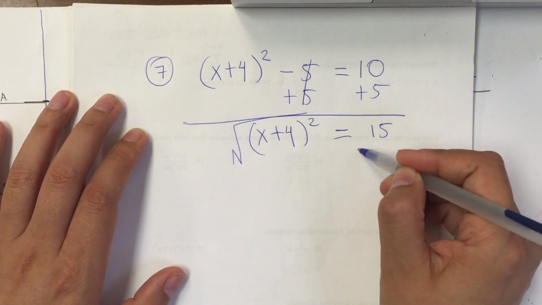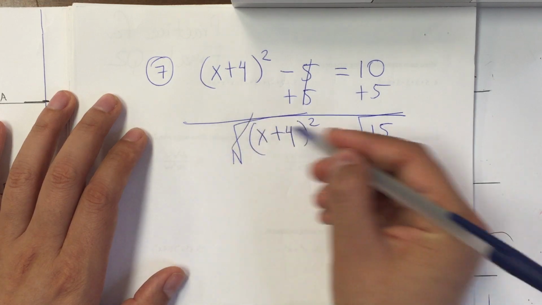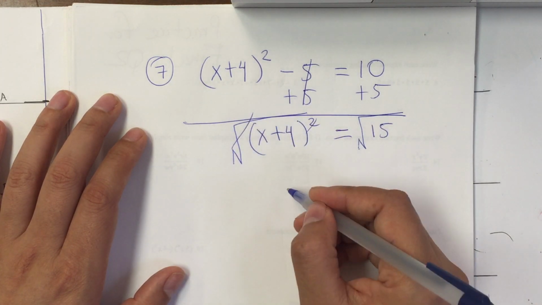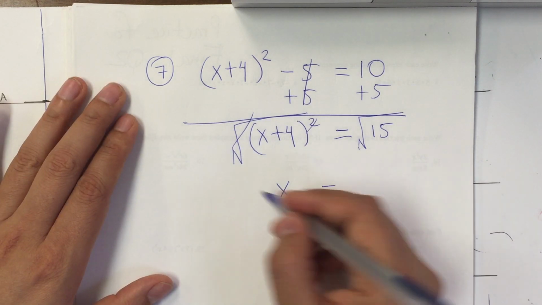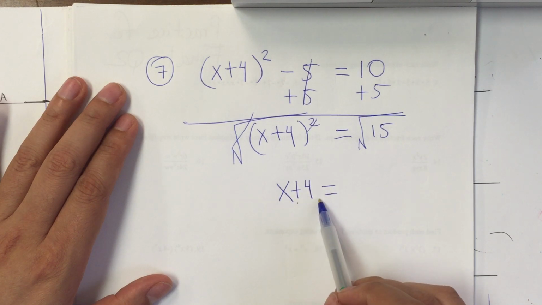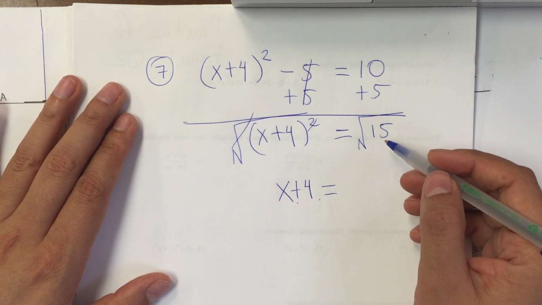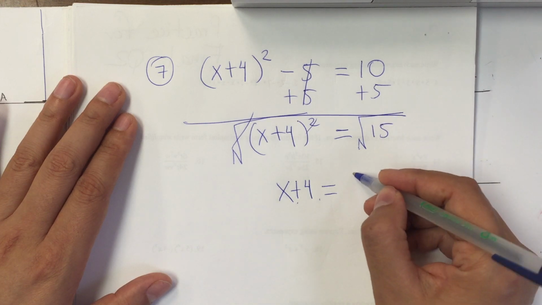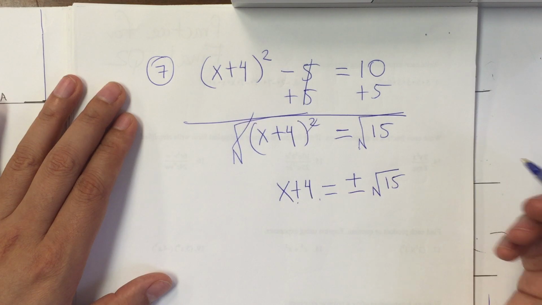I take the square root of both sides to start canceling this side and leave x by itself. So x is going to be equals to, oops, I haven't gotten rid of the 4. So x plus 4 equals 15 is not a perfect square, so I cannot simplify it. I'm going to put plus minus the square root of 15.